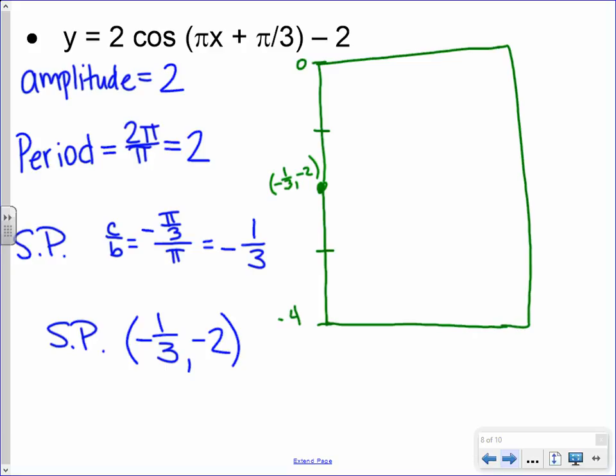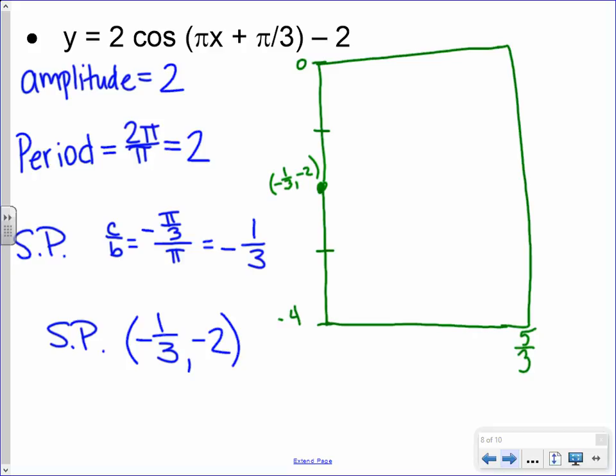If our starting point has an x value of negative 1/3, and we draw this frame of length 2, where is it going to stop? 5/3.